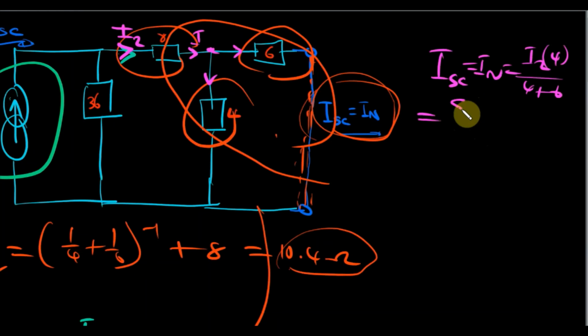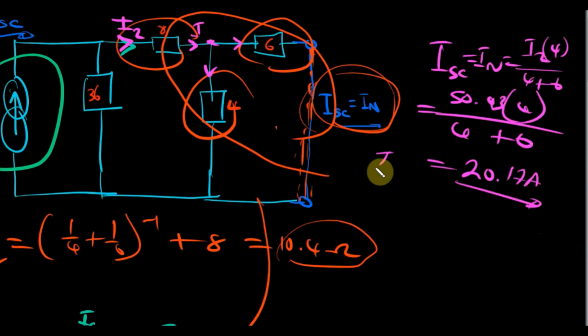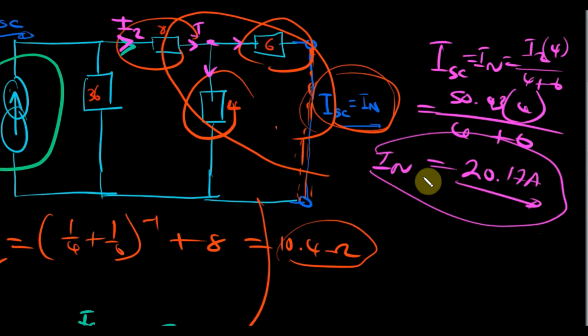I2 is 50.43 multiplied by 4 divided by 4 plus 6. 20.17 amps is our short circuit current. So that's our IN, our I Norton, 20.17.